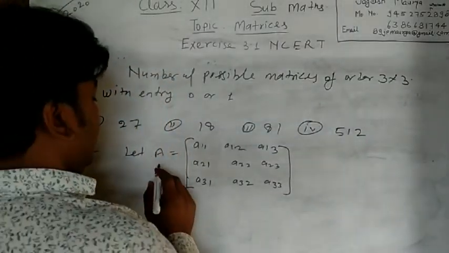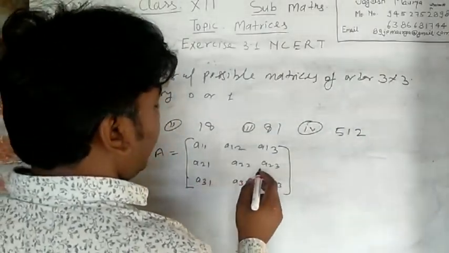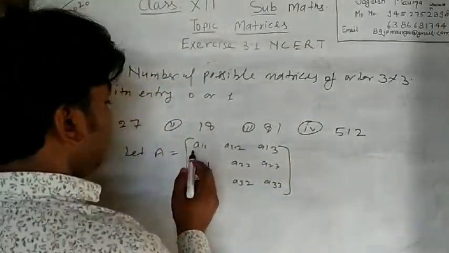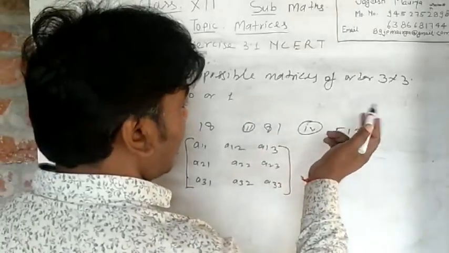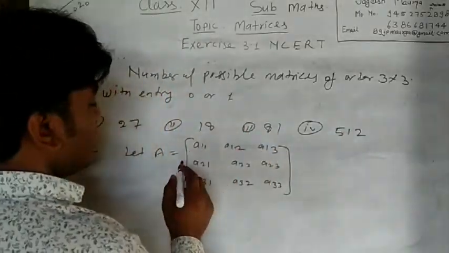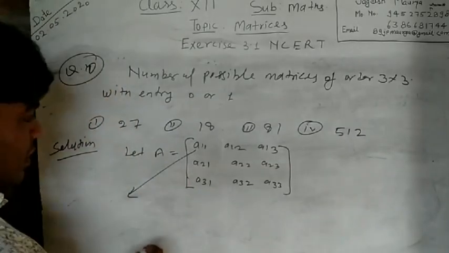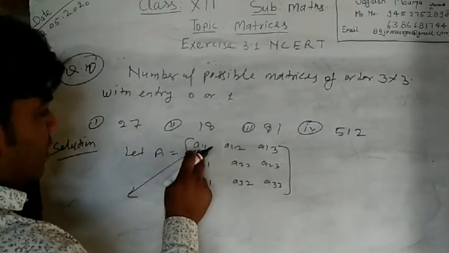Here in this matrix there are 9 elements, and each element is either 0 or 1. Means for each element there are 2 options. Either it is 0 or 1.